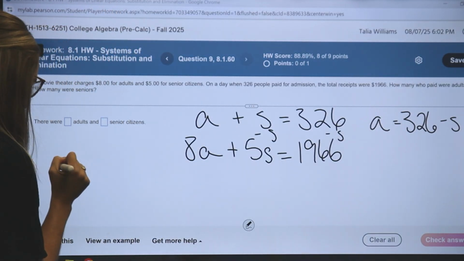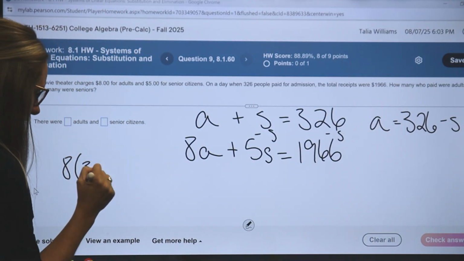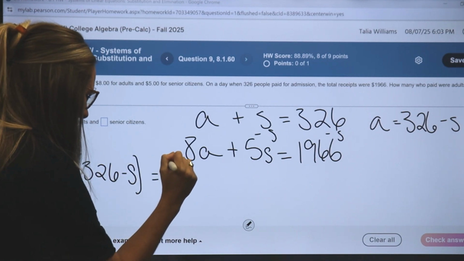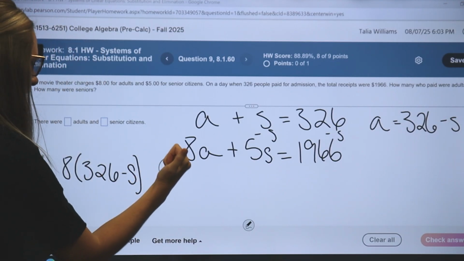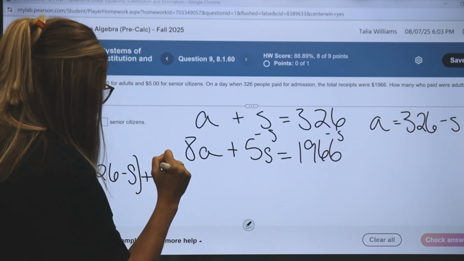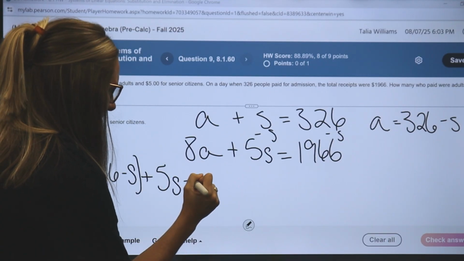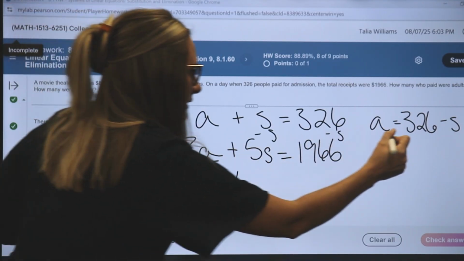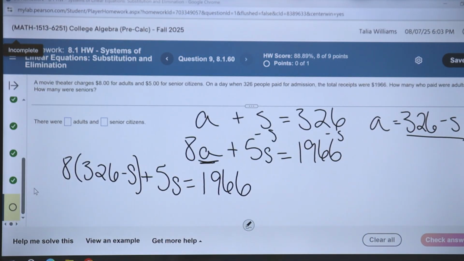So I'm gonna scoot over here so I have more room. 326 subtract S, plus 5S equals 1,966 because I substituted this in for A. I need a calculator because I have to do 8 times 326. 2,608.